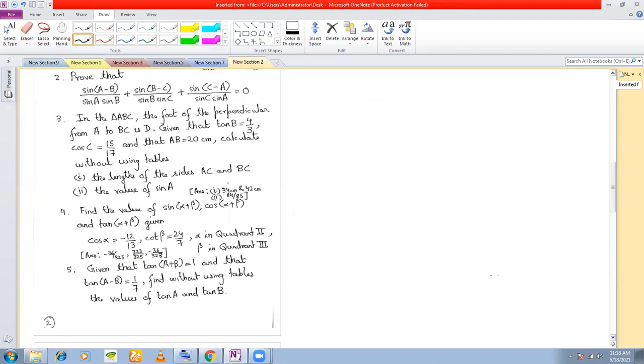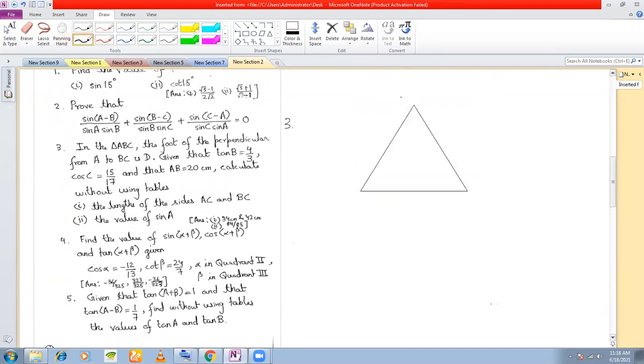The question is, in triangle ABC, the foot of the perpendicular from A to BC is D. So let us write this number 3. Let us draw a triangle ABC.